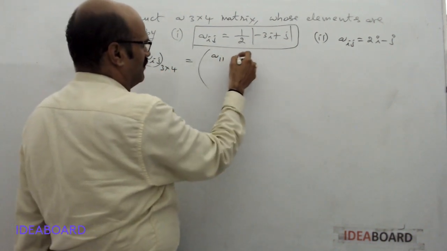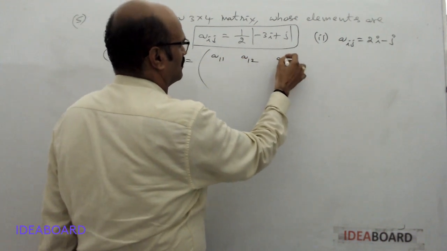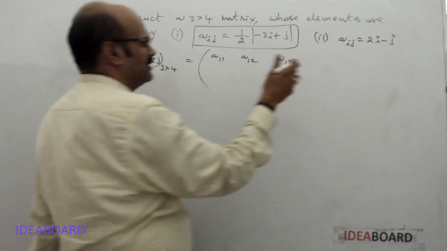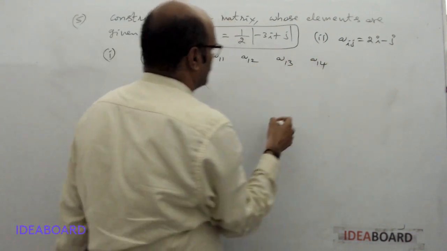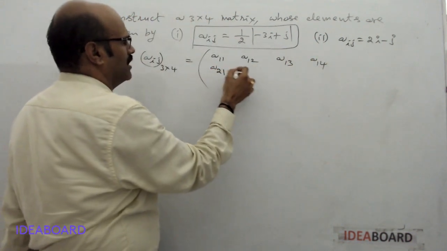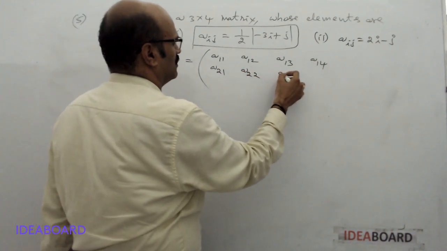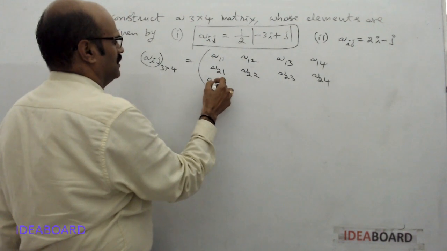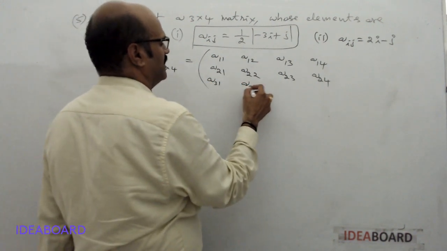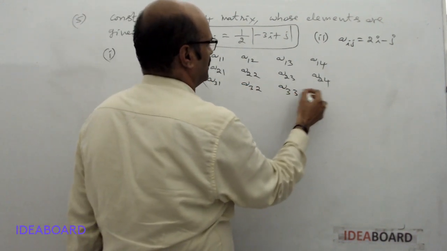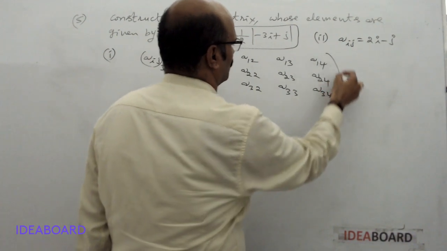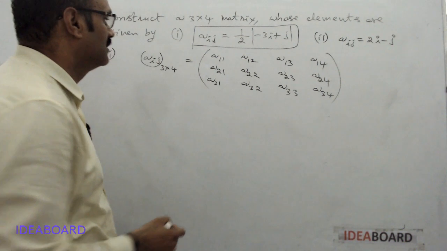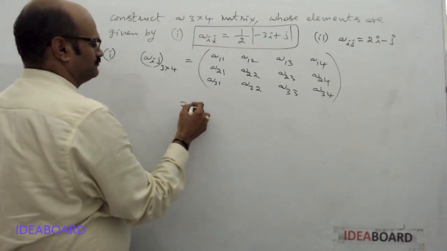It equals A11, A12, A13, A14, next A21, A22, A23, A24, A31, A32, A33, A34. This is the matrix.